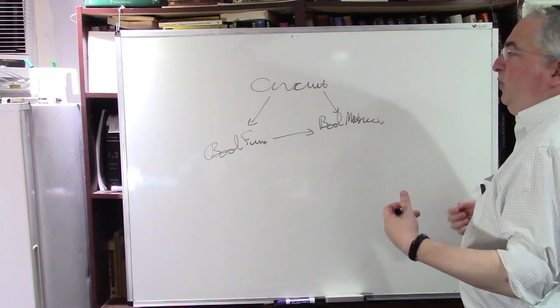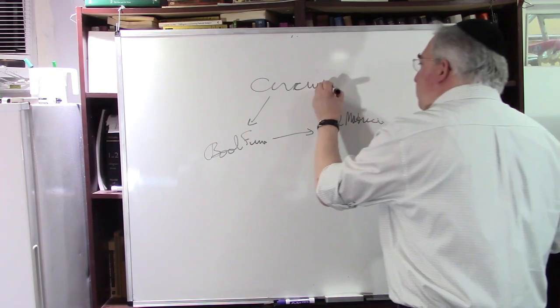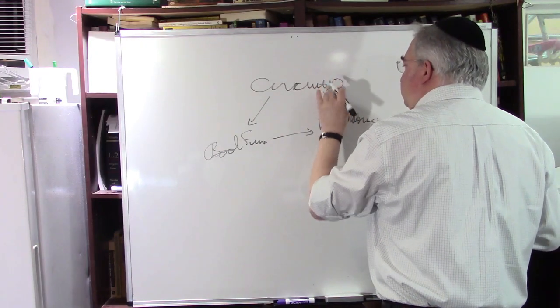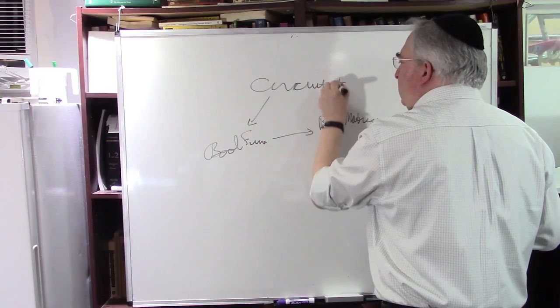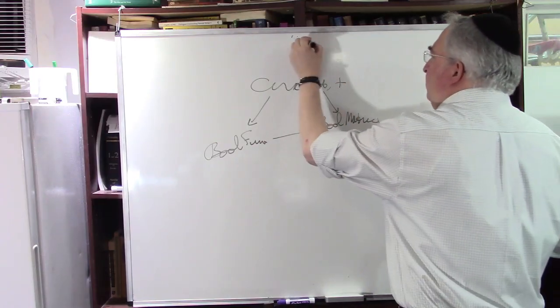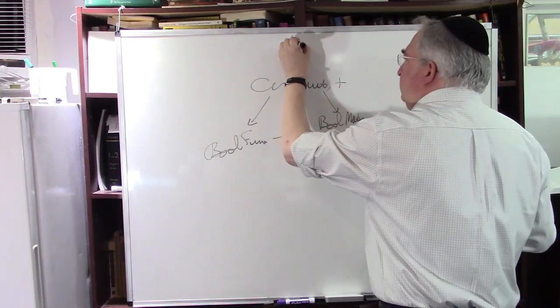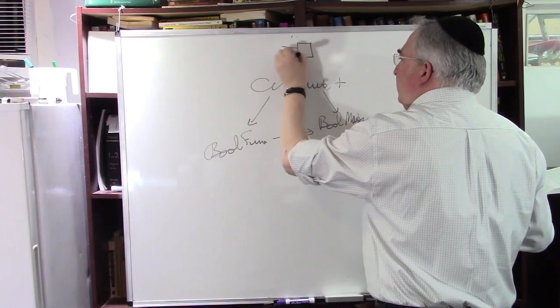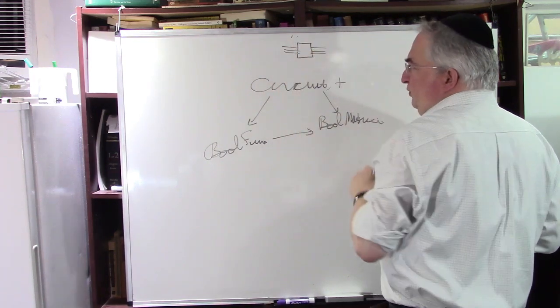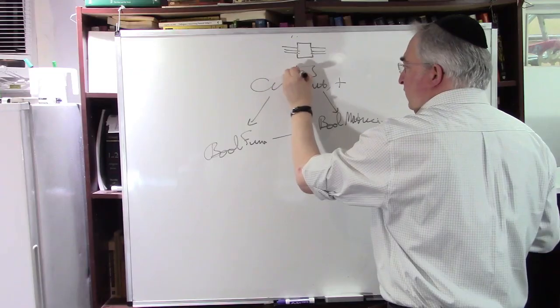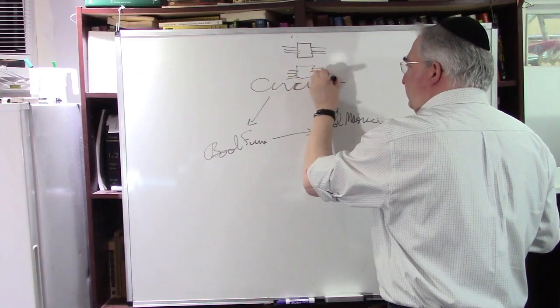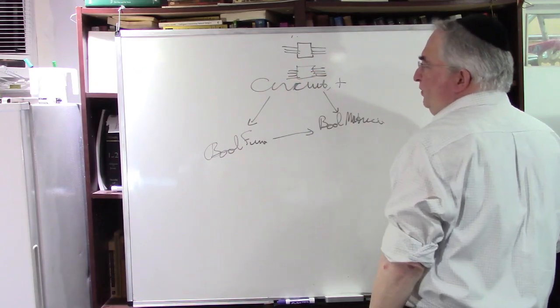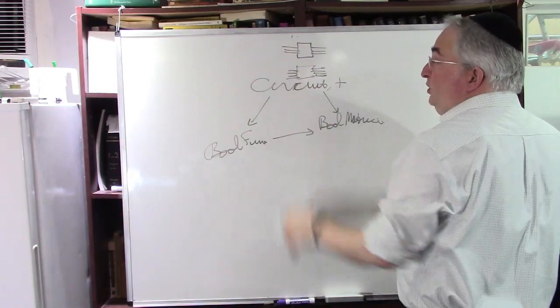But now we have a new thing, because now we have a disjoint union of two circuits. So let's just remember what that's about. A disjoint union means you have a circuit with a lot of different wires coming in and a lot of different wires going out. You have another circuit with a lot of different wires going in and a lot of different wires going out. Well, you have the disjoint union of them.